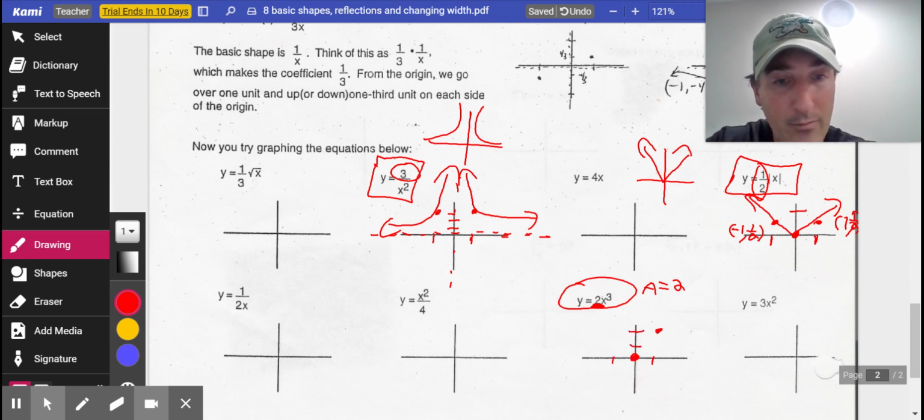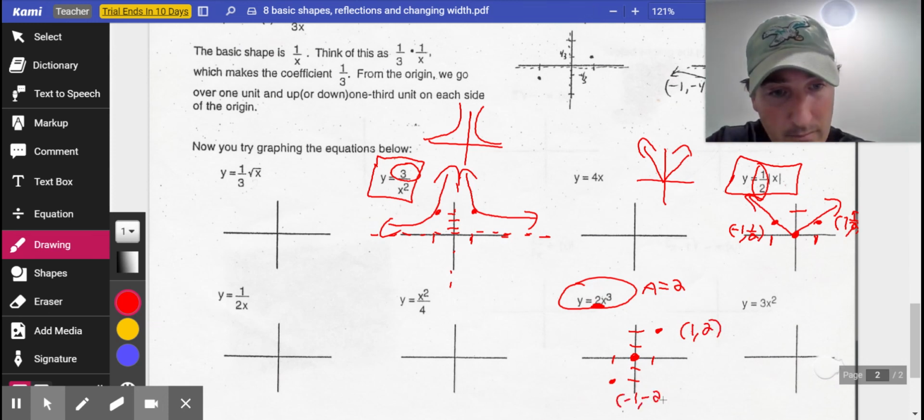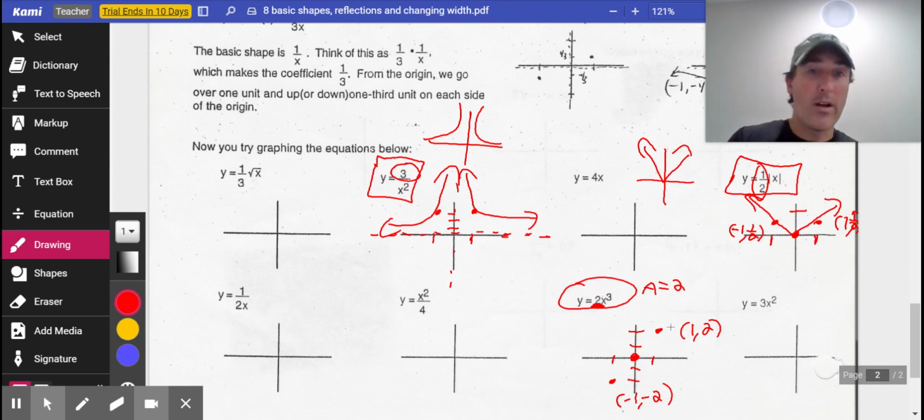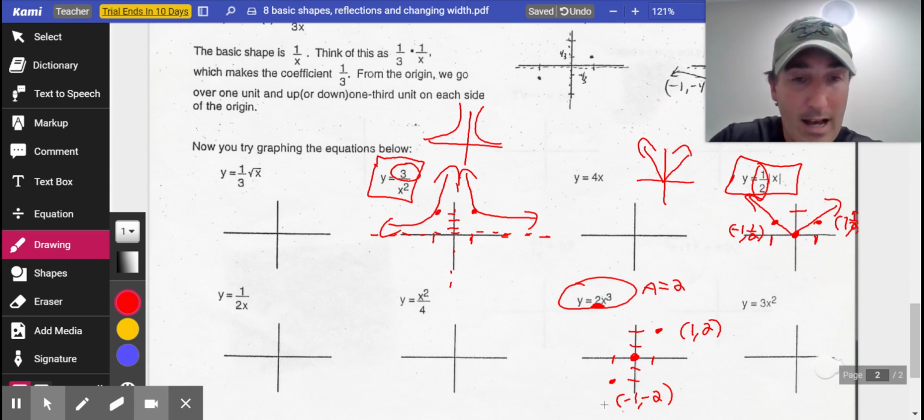And when we go to the left one, we go down 2. So this point is 1, 2, and this point down here is -1, -2. If you plug 1 and -1 into an XY chart, you get the 2 and the -2. Now it looks like a line, but make sure when you draw it, it's an S curve, changing its shape around the origin.